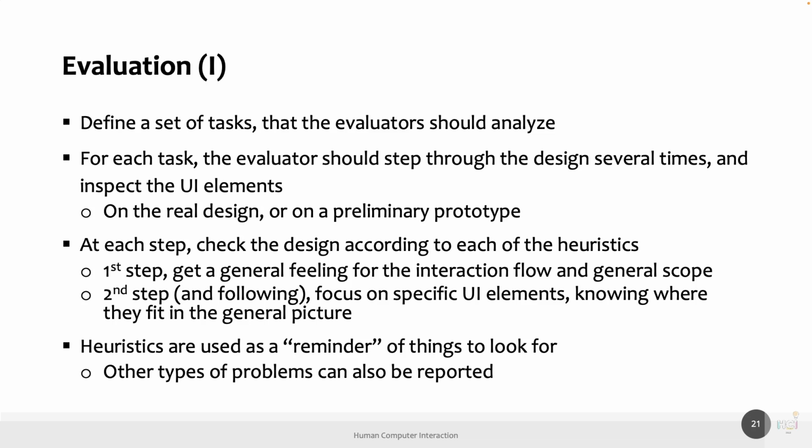In a first step, the evaluator can try to perform the task just to get the general feeling of the interaction. Then the evaluator typically re-performs the same task, focusing on specific elements on your interface. And again, heuristics are used as a reminder of things to look for.